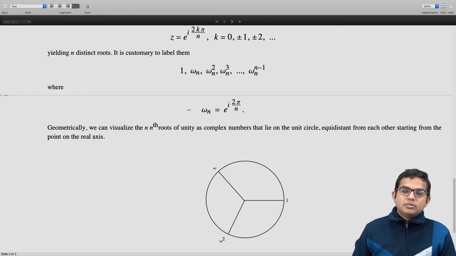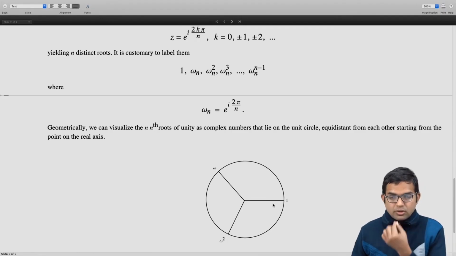So changing k to any higher values doesn't give you any new complex numbers. If you rotate around, you'll go back to omega. So omega cubed is just 1, and omega to the 4 is omega.